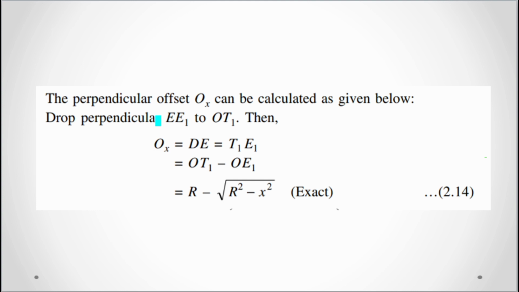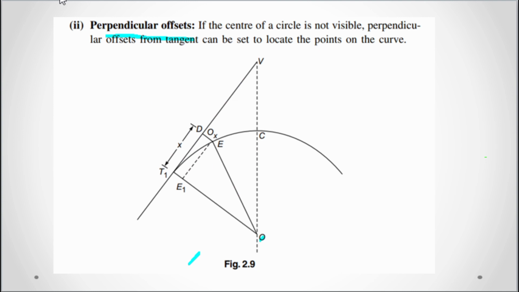So the perpendicular offset, that is offset of x, can be calculated as given here. When you drop a perpendicular from E to E1 and also from O to T, here is that perpendicular.